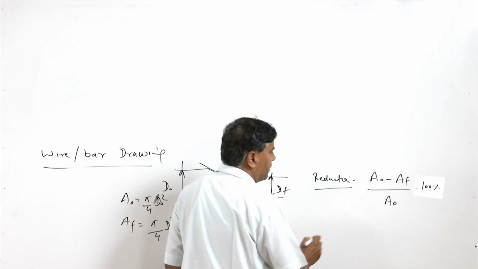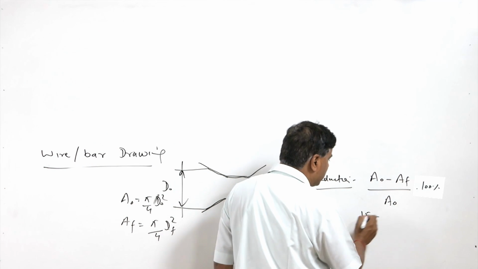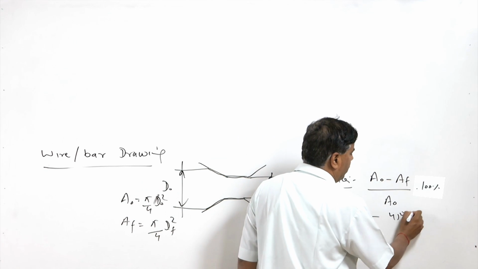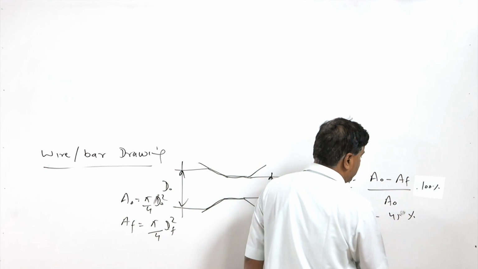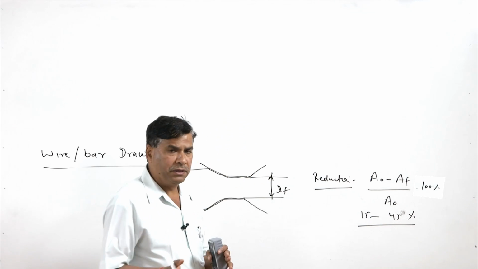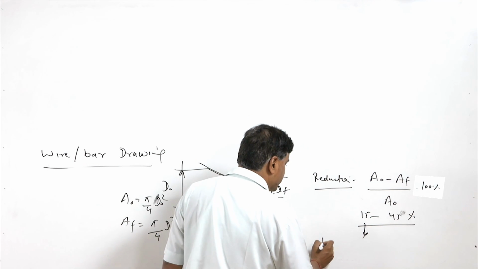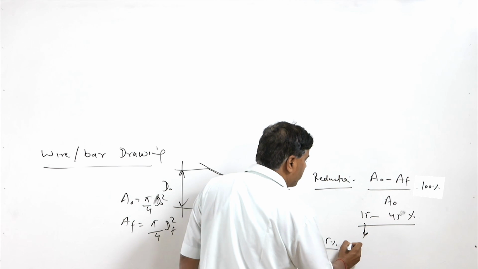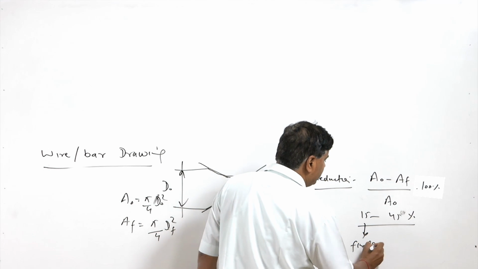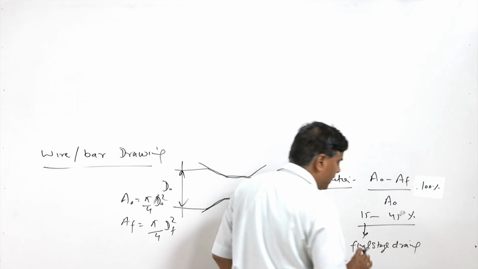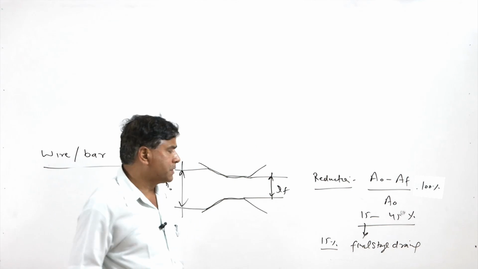So, the reduction percentage can vary in the case of the wire drawing process from 15 to 45 percent, but depending upon the purpose, the lower values, meaning low reduction like 15%, are preferred for the final stage drawing, because it helps to get the final size which is desired.